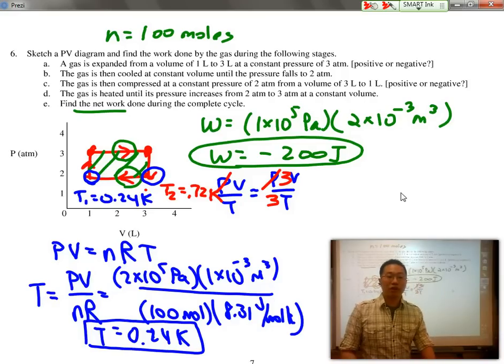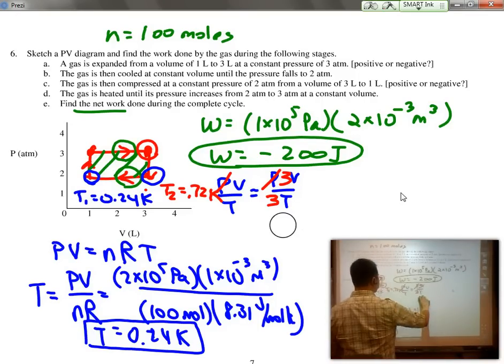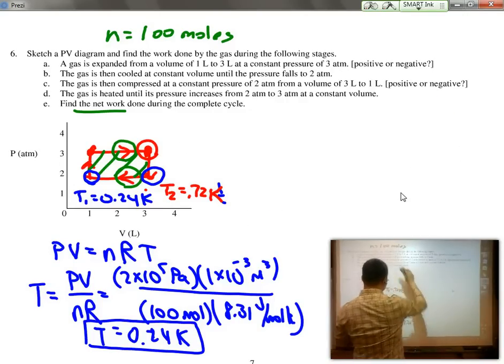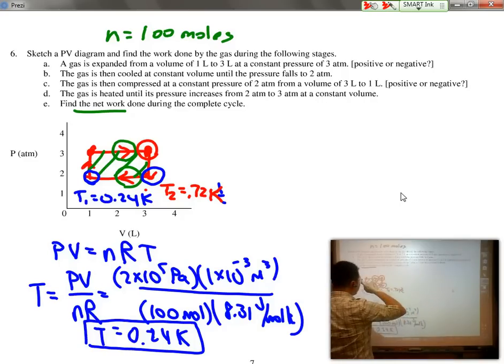Now, if we're talking about the temperature at the top right corner, let's erase some of the work over here. In this example, I know that the original volume was 1, the new volume is 3, the original pressure was 2, the new pressure is 3.